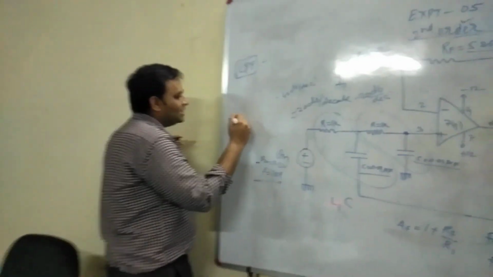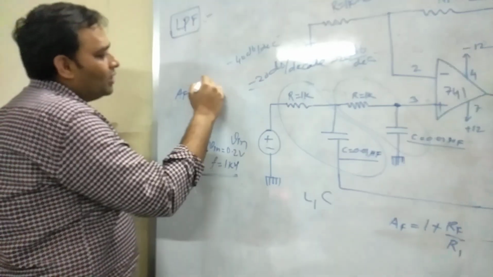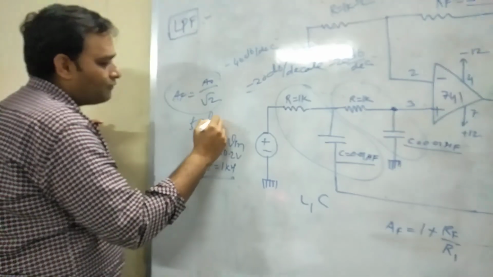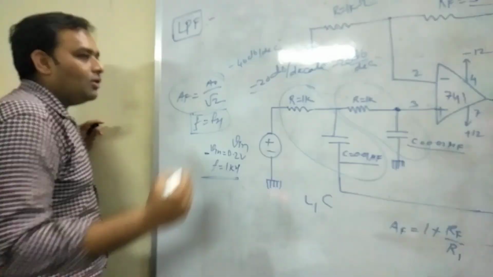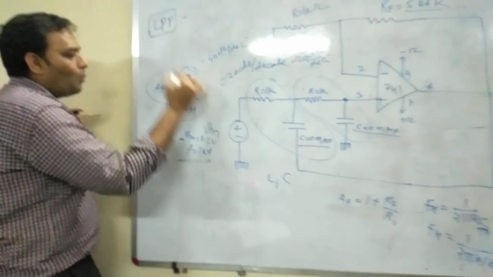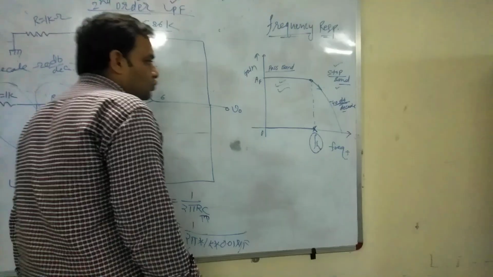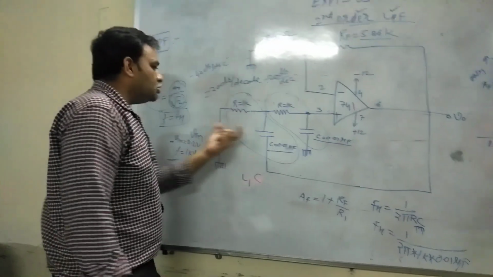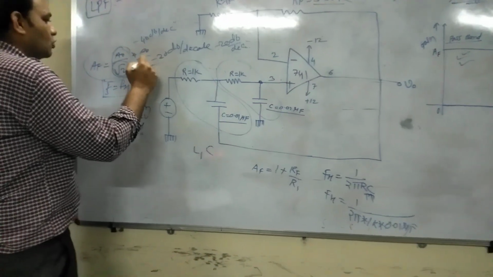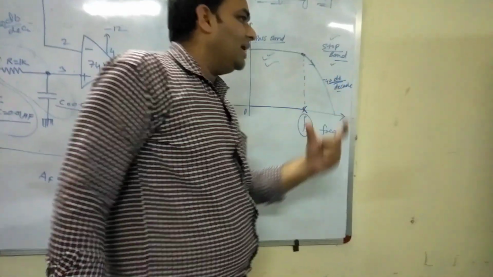If you see the transfer function of first order low pass filter, you will get A0 by root 2 when f is equal to FH. 1 by root 2 means 0.707, we generally call minus 3 dB. Here I am using two RC networks, that's why my circuit becomes A0 by root 2 again. So I will get minus 40 dB per decade.